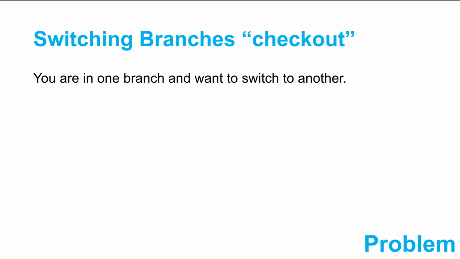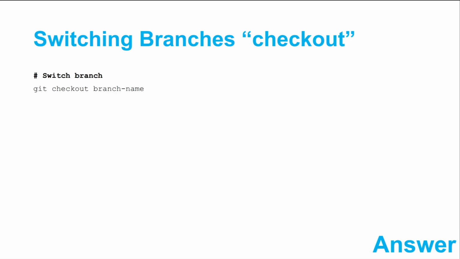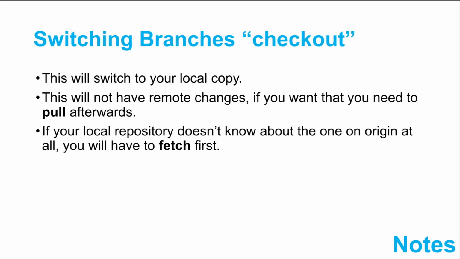So as we've already seen, you'll need to switch branches if you want to see different views at different points in times or different works or different features. And that is done by checking out, which, as already seen, is just git checkout and the name that you want to check out. This switches your local copy. This won't have any remote changes, it's only your view. So you'll need to run git pull to be able to see those.